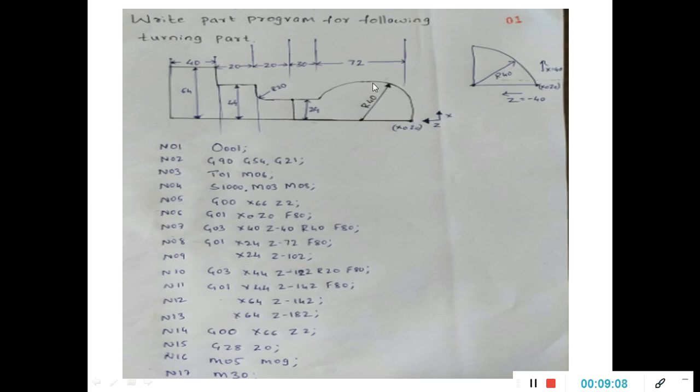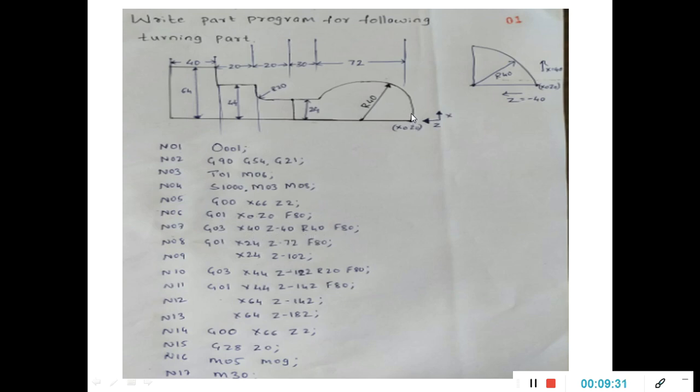Because the radius itself is 40, it indicates that the X value is also 40 and the Z value is in the negative direction. So Z is minus 40, X is 40, radius R is 40, and it is followed by F80 as you are changing from G01 to G03. X40, Z minus 40, R40, F80.